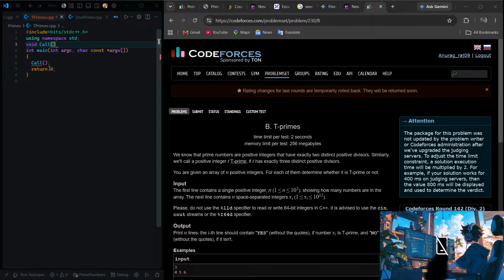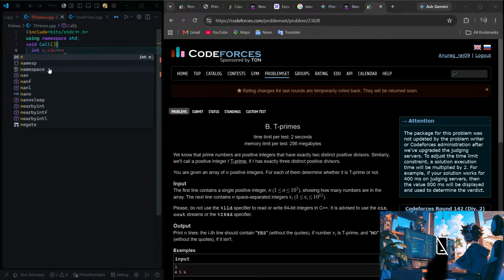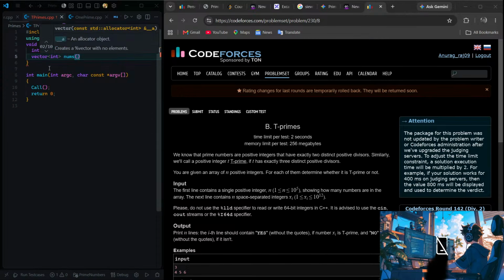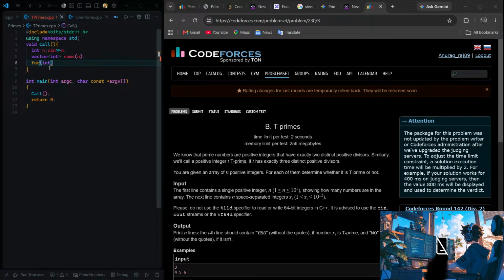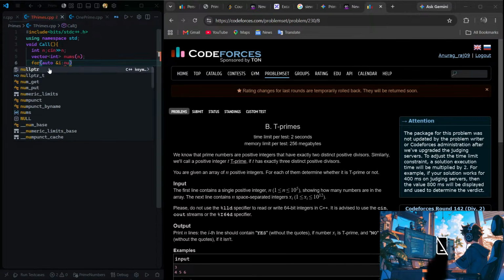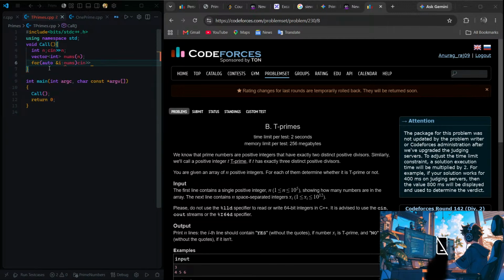So void solve, and we have to take multiple inputs, right? So we have n, and I will create a vector int nums of size n. Okay, and for auto and i in nums, cin, so I have to take the input.